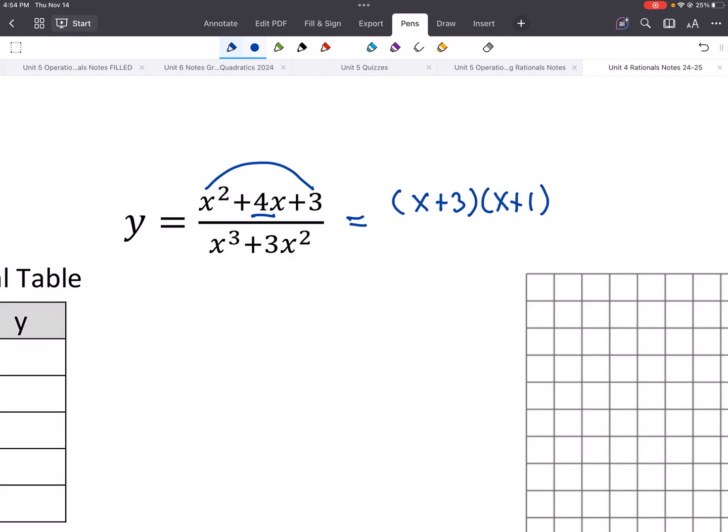On the bottom, there is a GCF of x squared, and if we factor that out, we would have x plus 3. So a couple things we can see right away is that we are going to have a hole, and we are going to have a multiplicity in the denominator, an even multiplicity. So that means they're going to go the same direction at that asymptote.